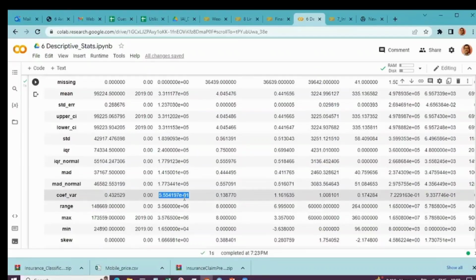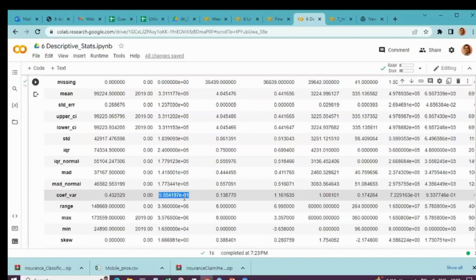So what we say is, if I have identified something as an outlier in this data, and I eliminate that outlier from the data, then this coefficient of variance should come down quite drastically.